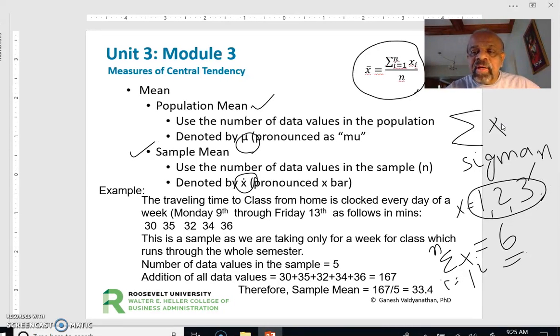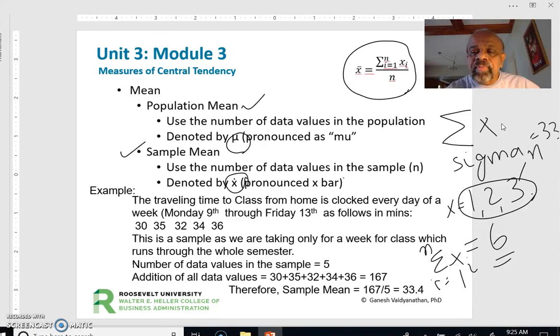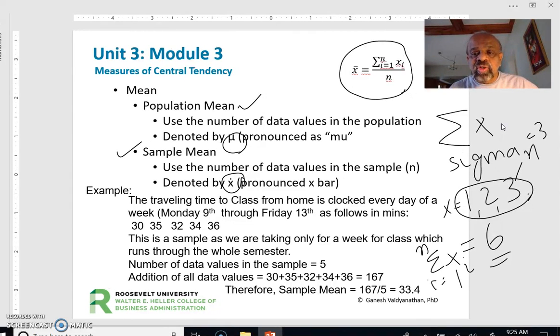So I have n is equal to 3 here. Okay, n is equal to 3: 1, 2, 3. So instead of saying x1 plus x2 plus x3, which is 1 plus 2 plus 3, I can say x of i, where i is equal to 1 to n.